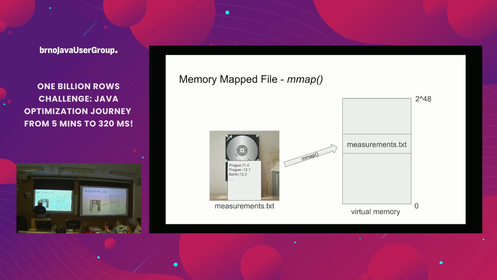Now we are not in Java, we are on Linux. We do mmap, we pass a handle, and the mmap call will return a pointer to the memory address, and then everything that was in that file is magically in our memory.